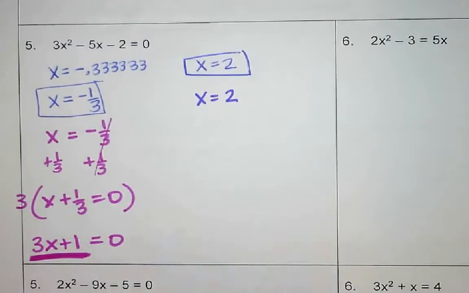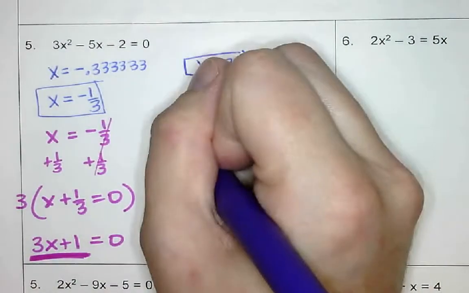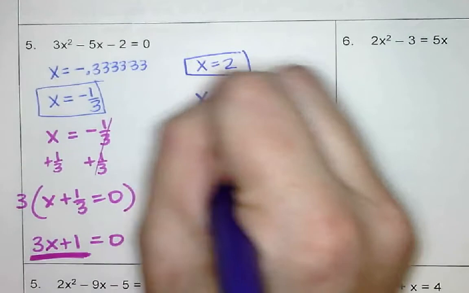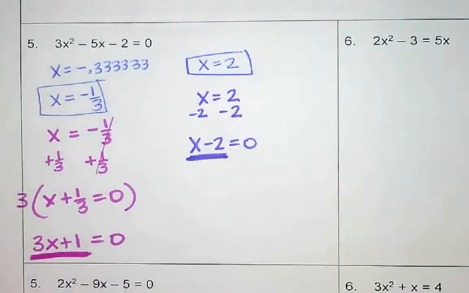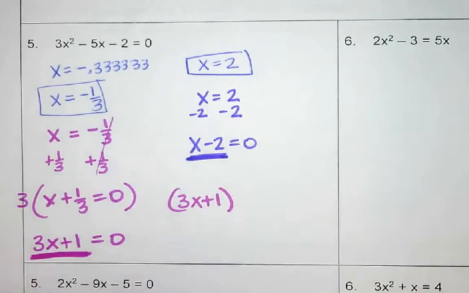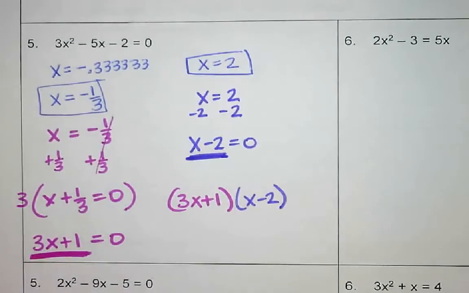So my factored form would be 3x plus 1 times x minus 2 equals 0. So I can use my solutions to find my factors. Isn't that cool? You can use your solutions to find your factors.